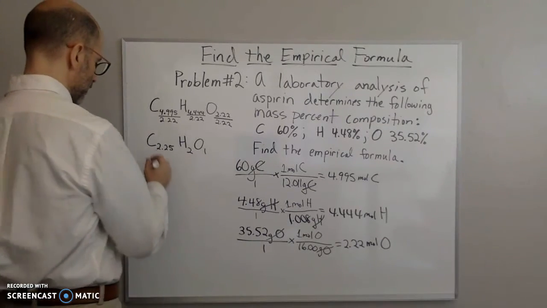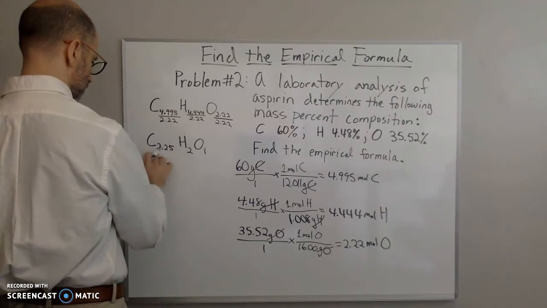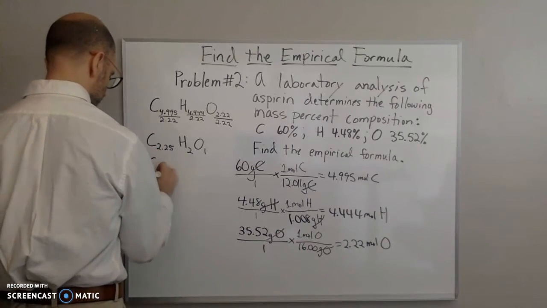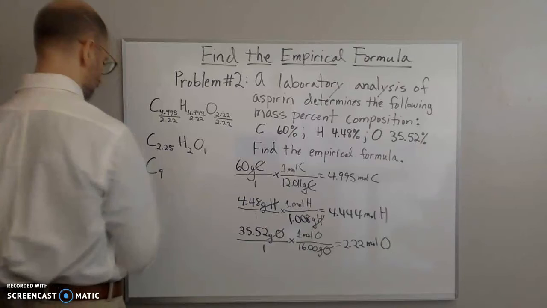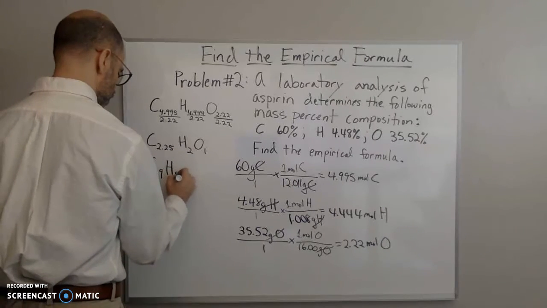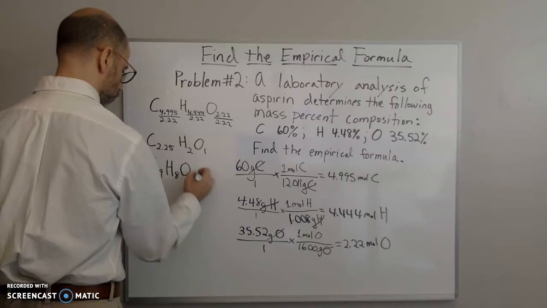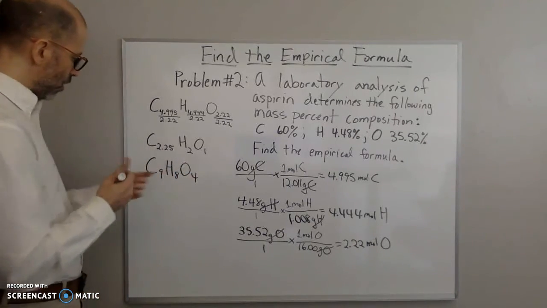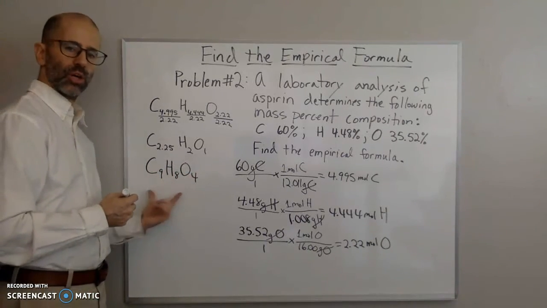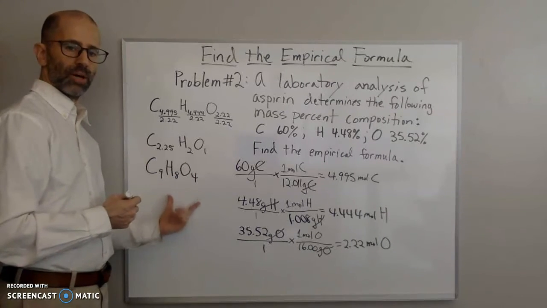So if I multiply this by 4, this becomes 9. So I get C9, multiply that by 4, and that becomes H8, and that becomes O4.